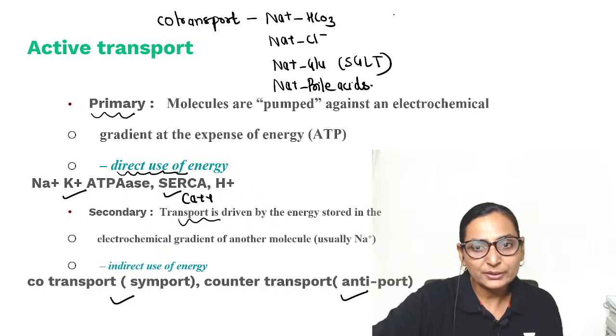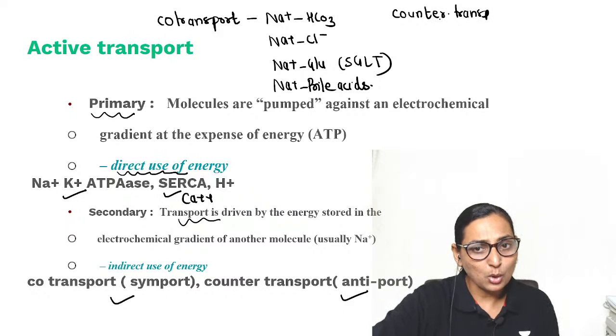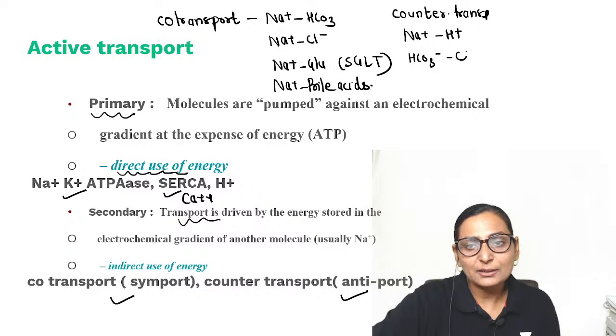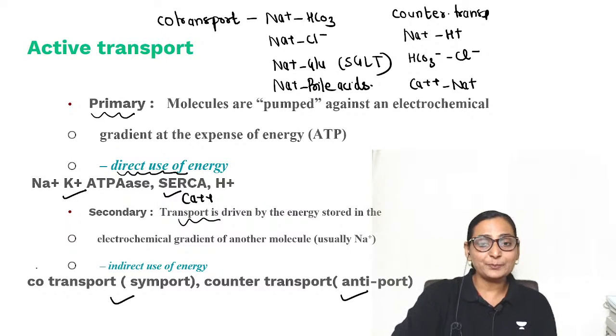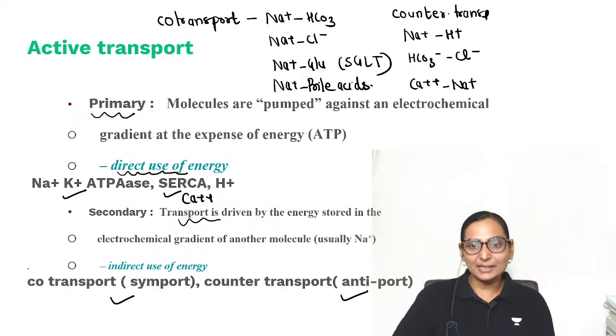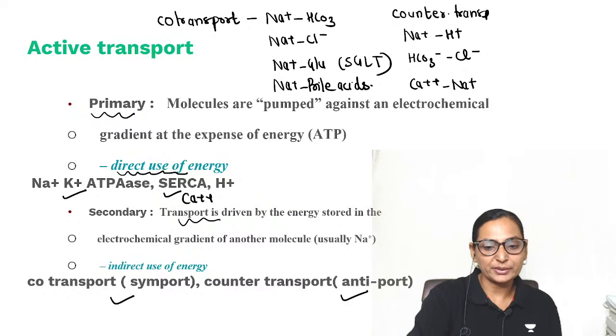Examples of counter transport are, because there can be a 2 marks BAQ also over the examples, sodium hydrogen, then bicarbonate and chloride. Then there is also calcium sodium, which is present in the cardiac muscles. So remember, these examples of counter transport and symport are also important.